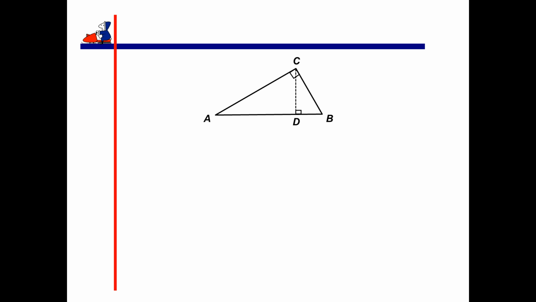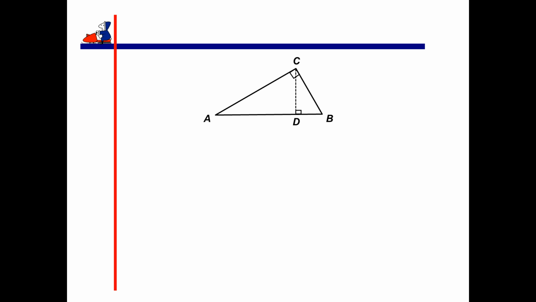Now, if you start thinking about similarity here, you might notice some interesting things. First, it's important to realize that we've now taken the large original right triangle and we've split it up into two smaller right triangles. From there, if we wanted to start talking about similarity, we would have to prove that at least one more angle is shared in common between the small and big and the medium and big.